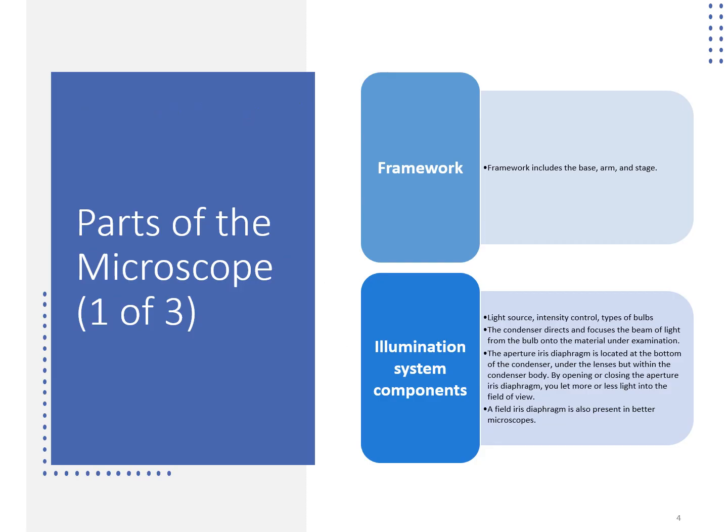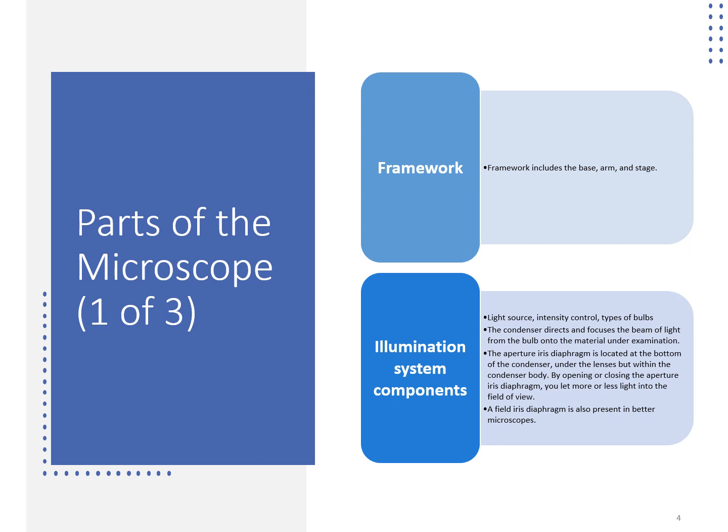Now, to ensure that you know how to properly care for and use a microscope, you do need to understand the parts of a microscope. The microscope itself consists of the main framework, which is basically the hard structural bulk of the microscope, and includes the base, the arm, and the stage.